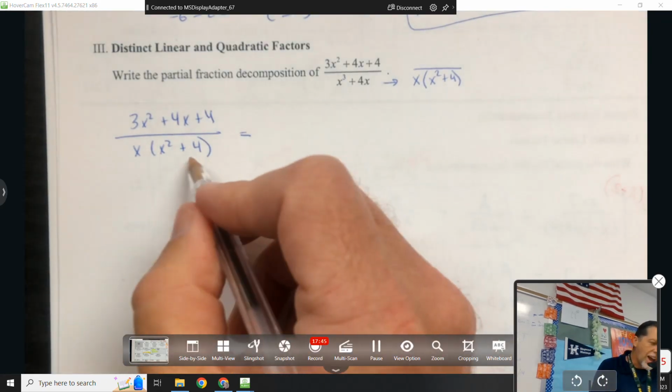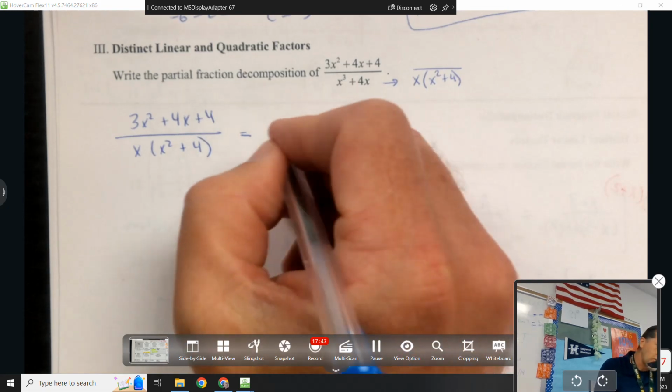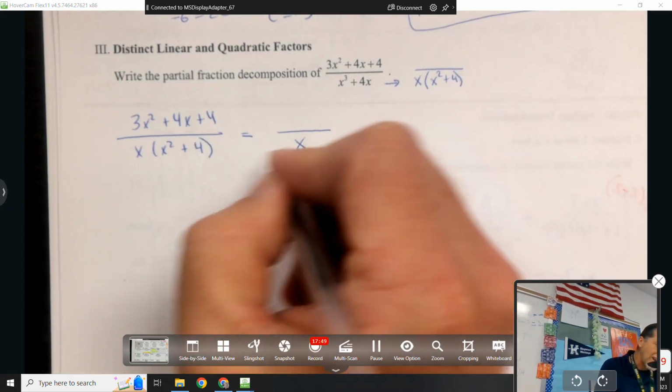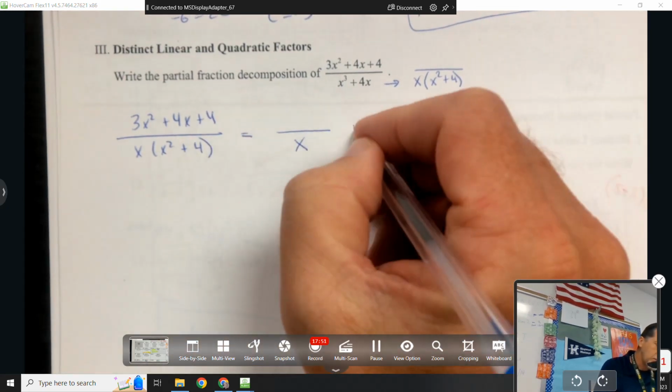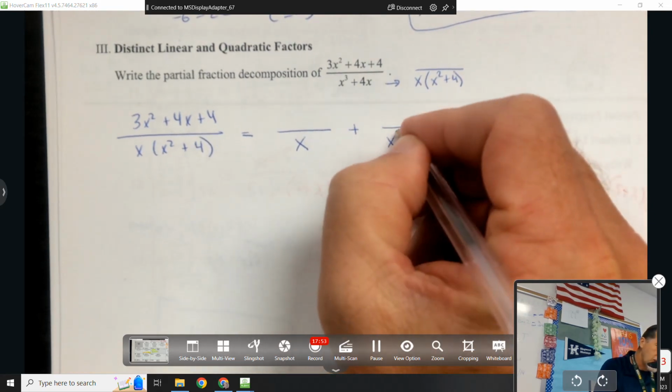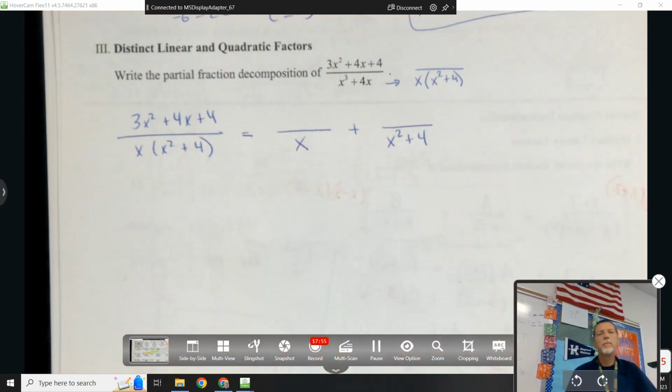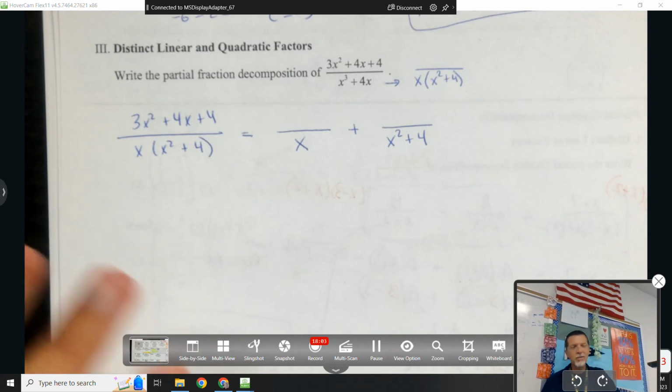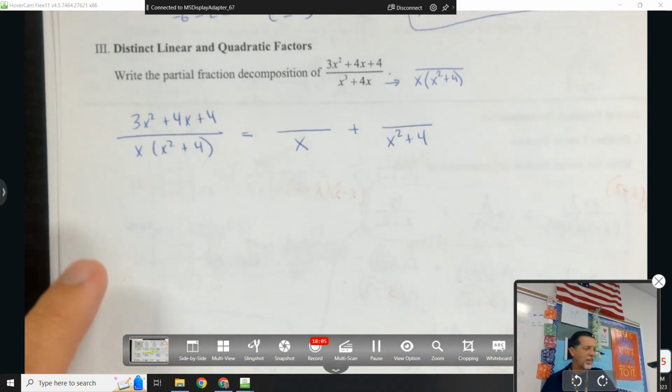There's only 2 factors, so it's a little bit like that first one, where the only things we could have added to get this denominator would be an x and an x squared plus 4. So in that sense, there's no repeated factors in the bottom, so it's a little easier on that front.